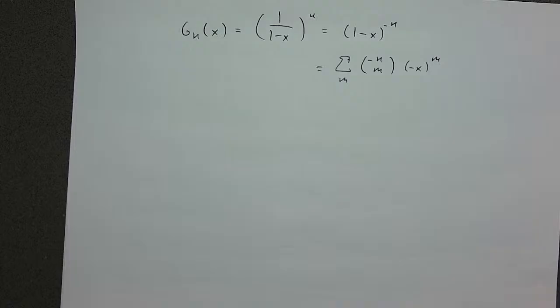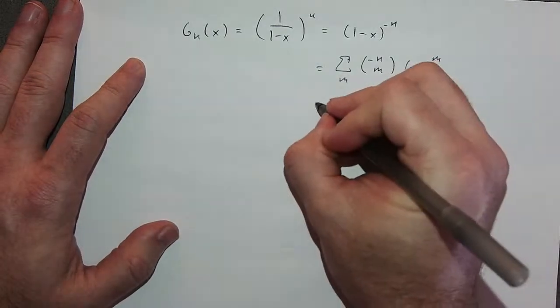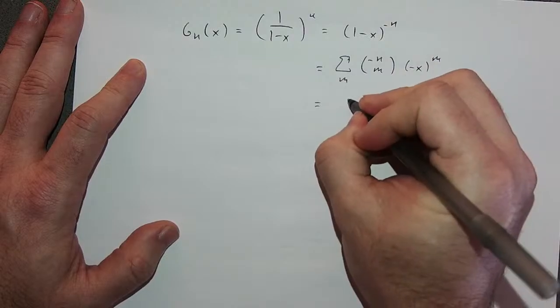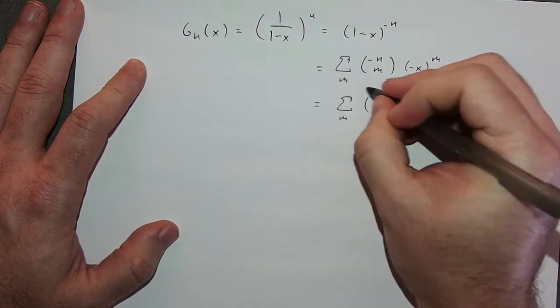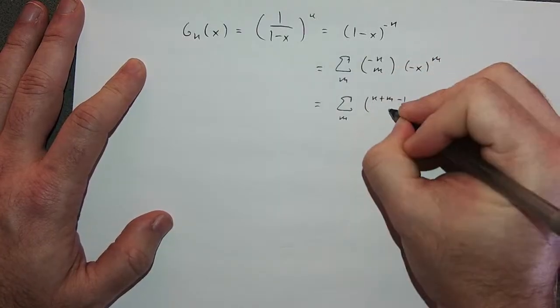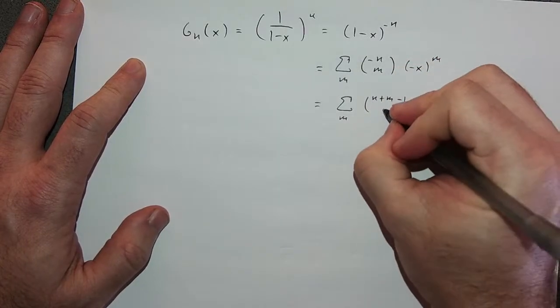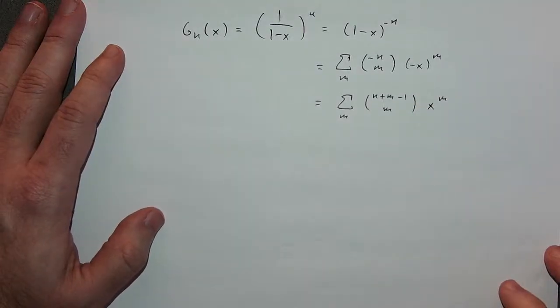Now, using this negating of the upper index here, this is equal to the sum over m of n plus m minus 1 choose m, times x to the m.